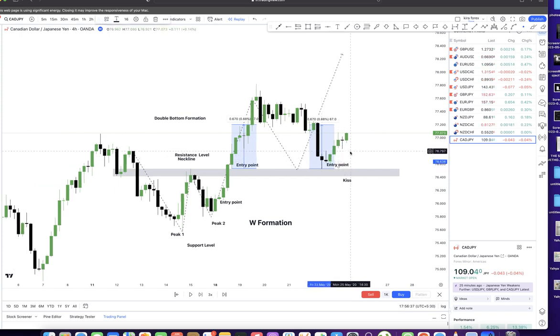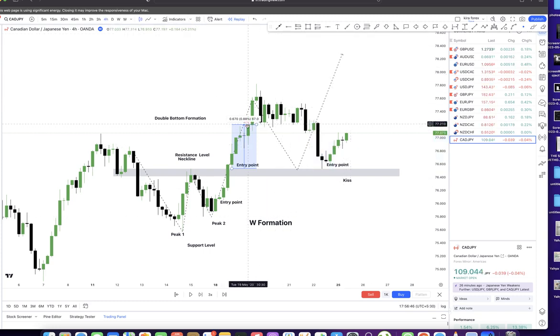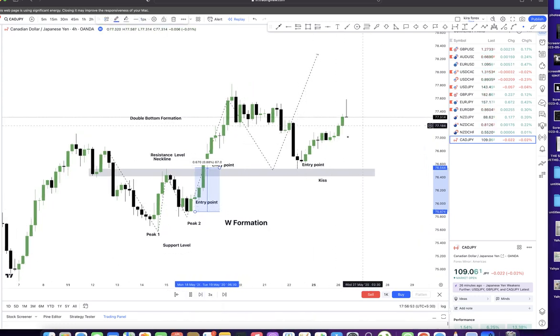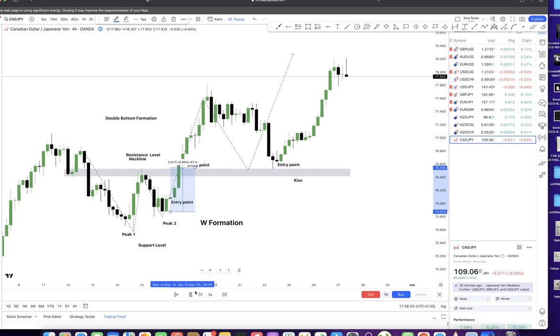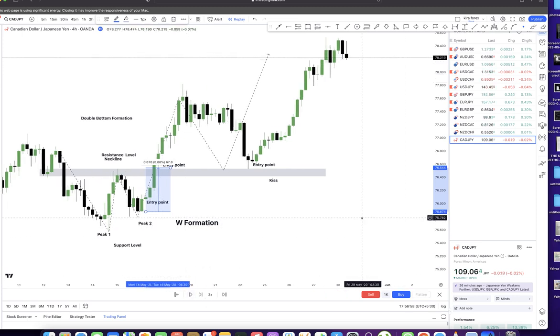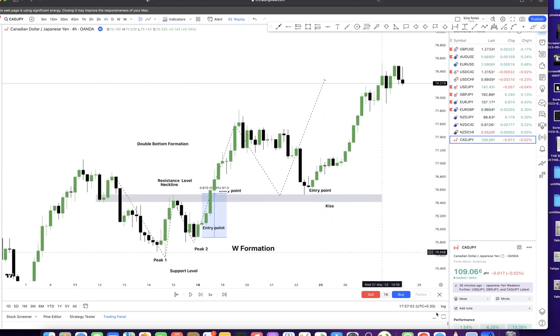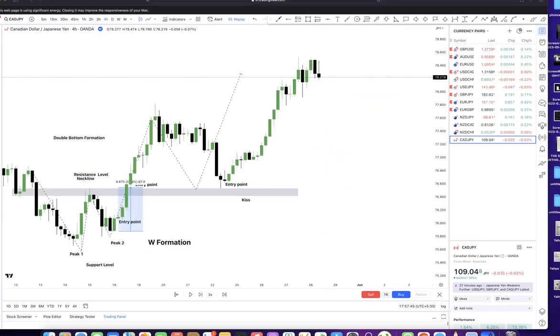Then our take profit will be at the nearest support or resistance, or the same measurement from the second peak to the neckline. So you can see the reaction of price nicely. So basically that is that for the formation of the double bottom on the real charts.